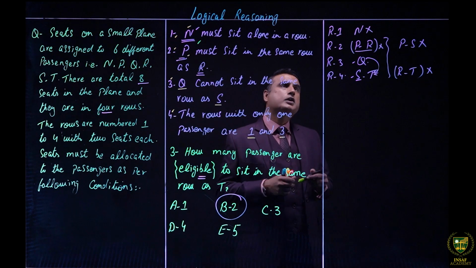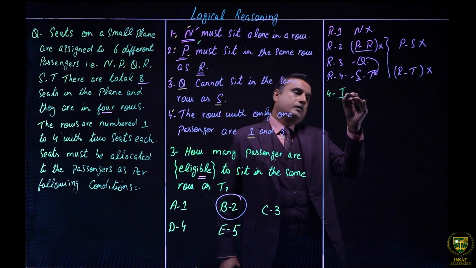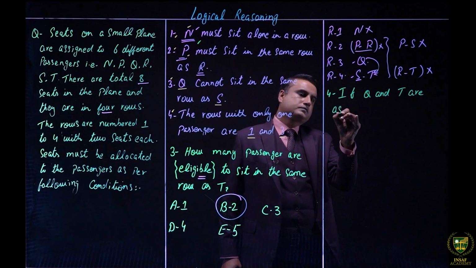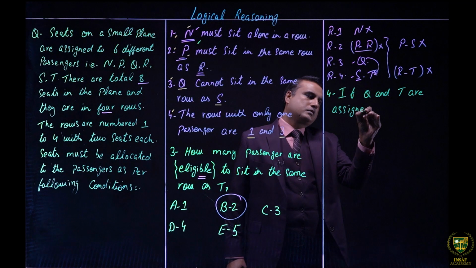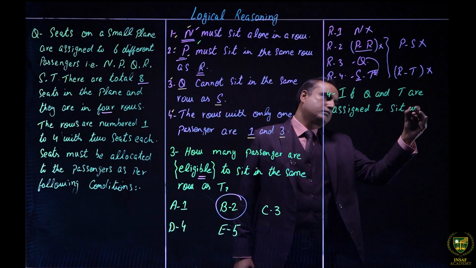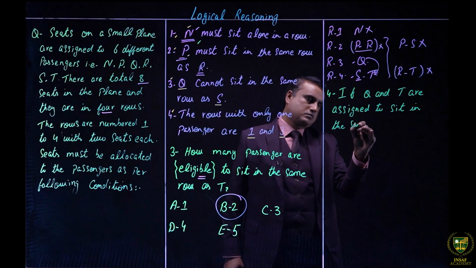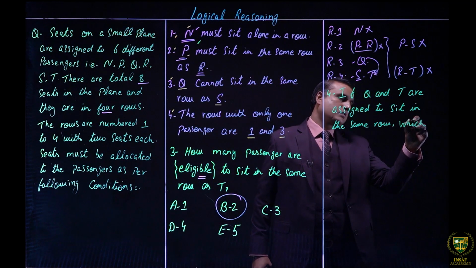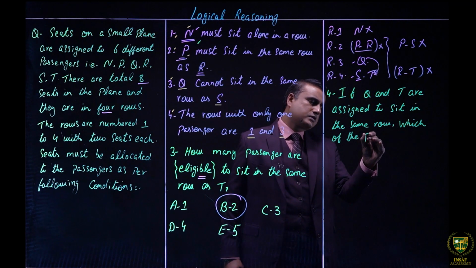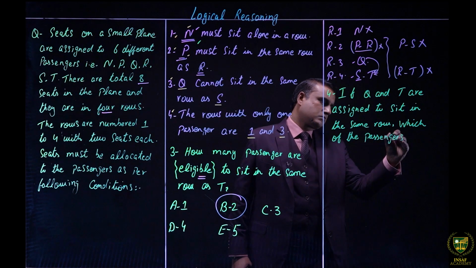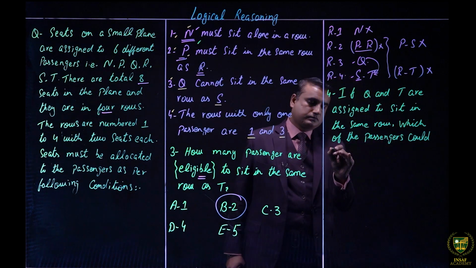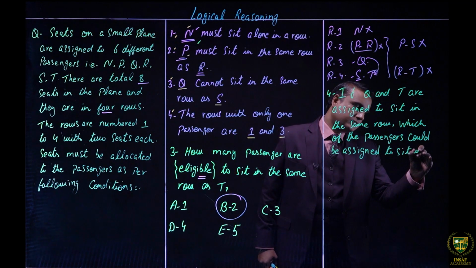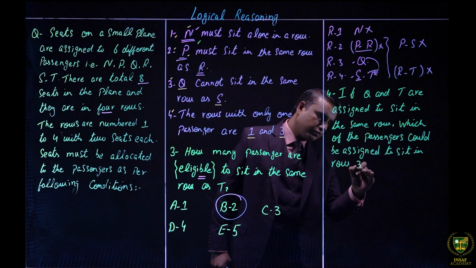लेट्स मूव ऑन टू अनदर सिनेरियो. If Q and T are assigned in the same row, which of the passengers could be assigned to sit in row 3?